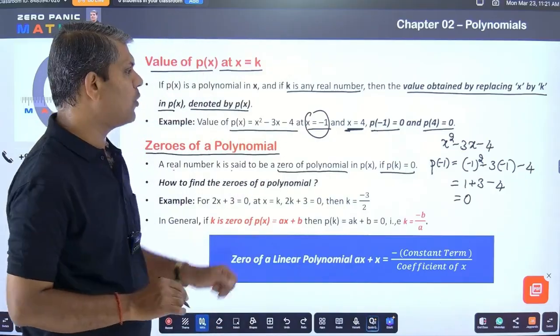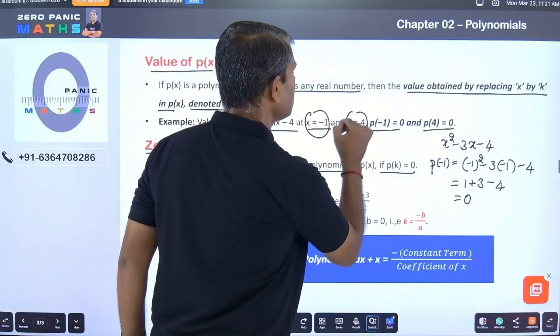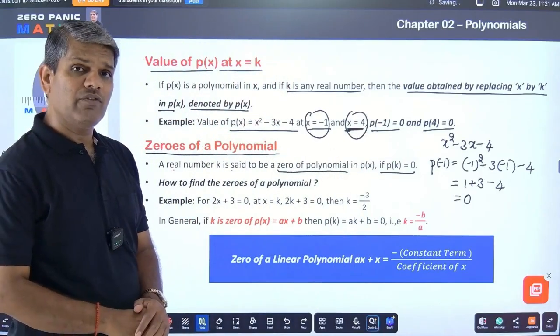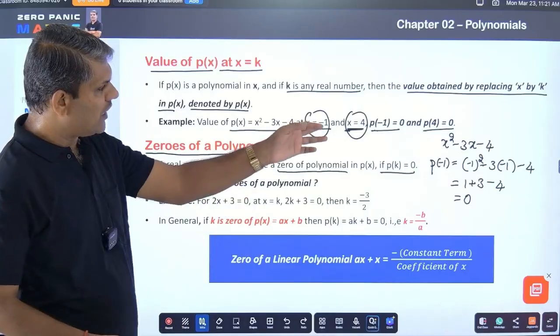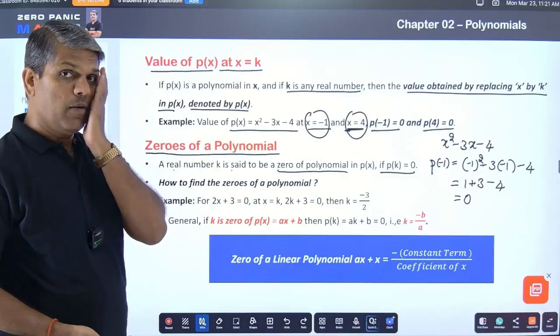Again, by putting x is equal to 4, we get 0 as the value of the whole polynomial. So that is also one of the zeros of the polynomial.